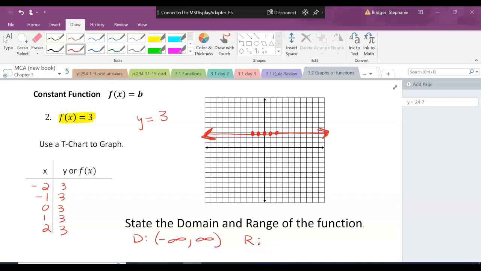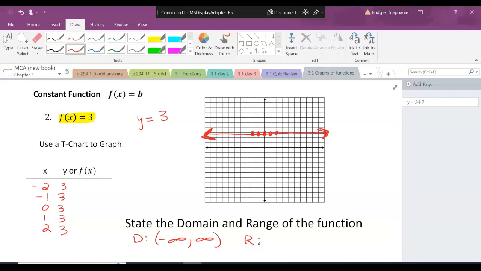What about my range? What y values does it touch? Just 3, right? You notice how it's a straight line at 3? So my range this time is not going to be all real numbers because I don't touch any of these y values down here. Okay, none of those. And I don't touch any of them up here. The only y value I touch is constant throughout, and that is 3.